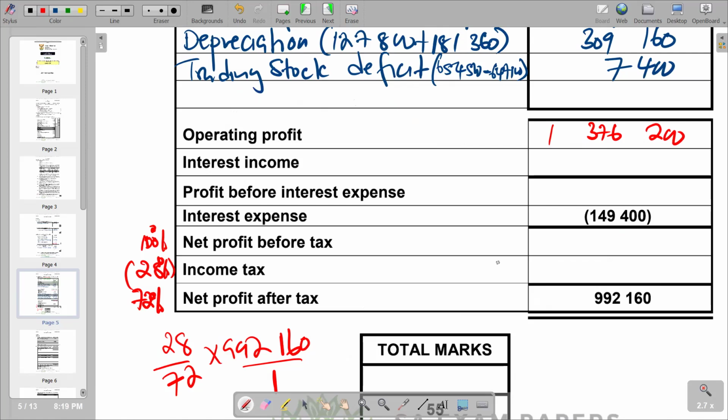So you are going to get 385,840. So we have 385,840 here.